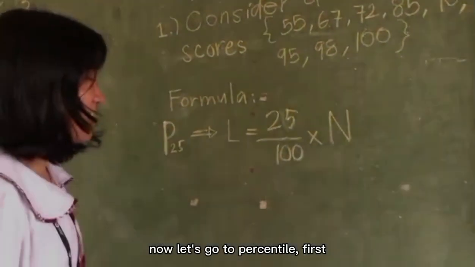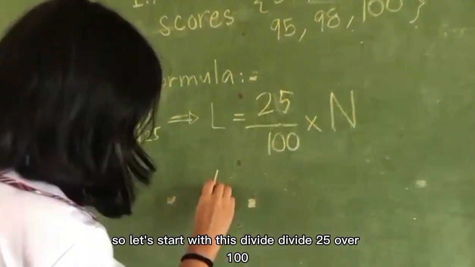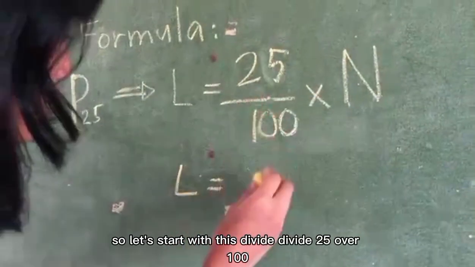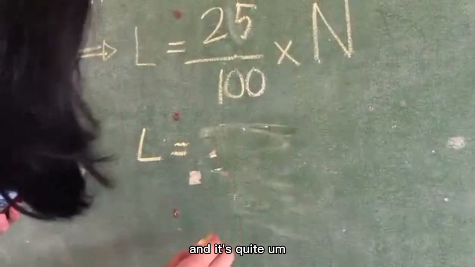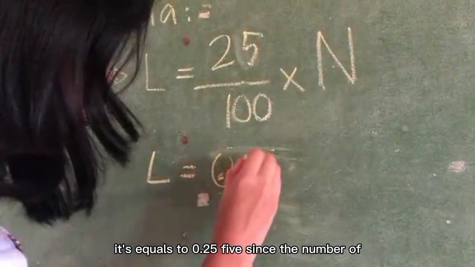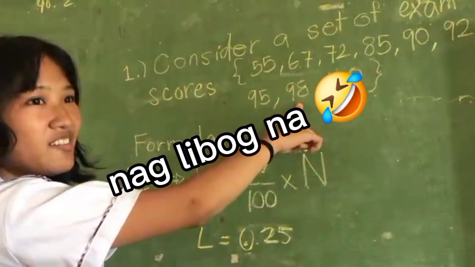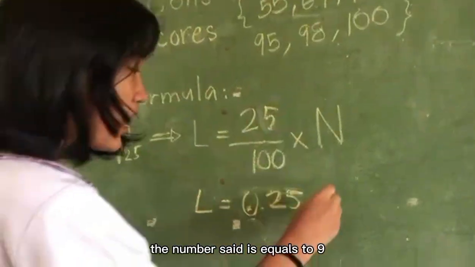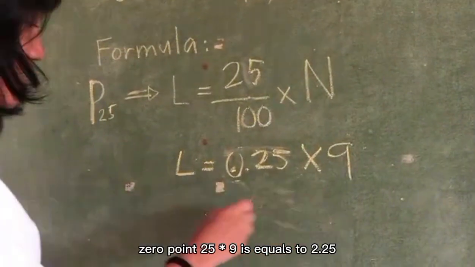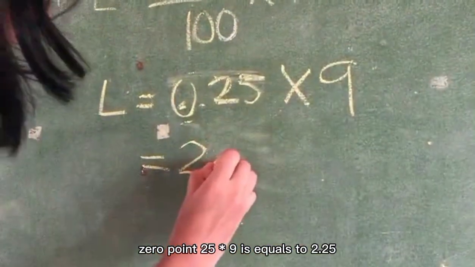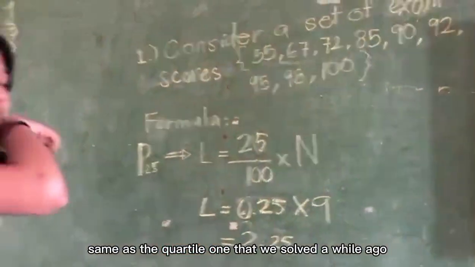Now let's go to percentile. First, we're going to find the location to find our P25. Let's divide 25 over 100, and this is equal to 0.25. Since the number of scores in the set is equal to 9, let's multiply it by 9. 0.25 times 9 is equal to 2.25. Same as the quartile one that we solved a while ago.